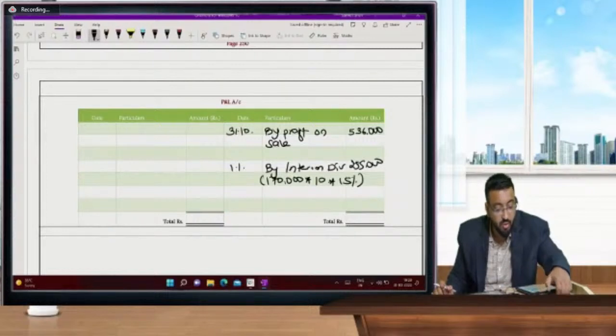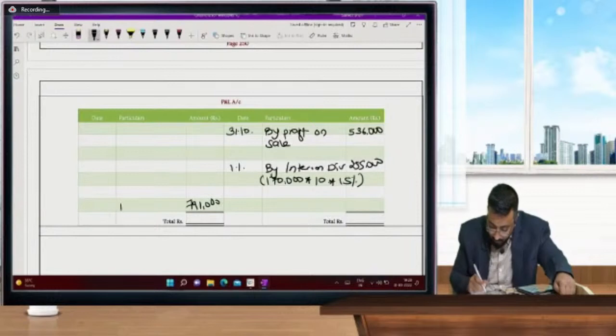That's why we have not considered. To balance carried down kitna aaya total? 7,91,000.